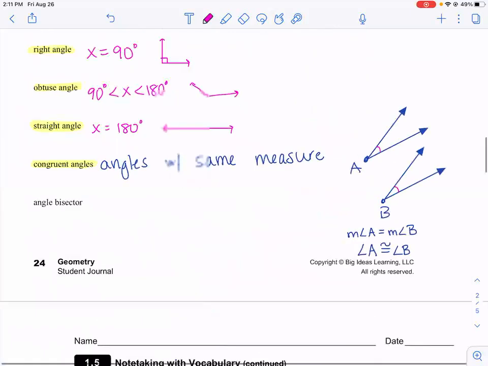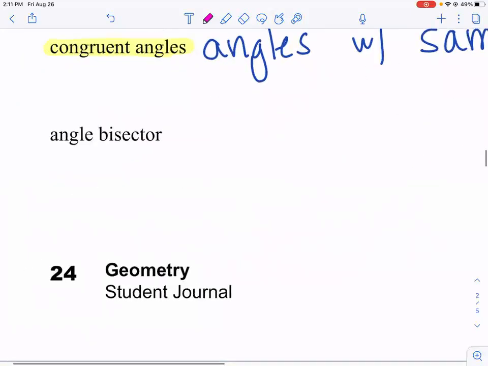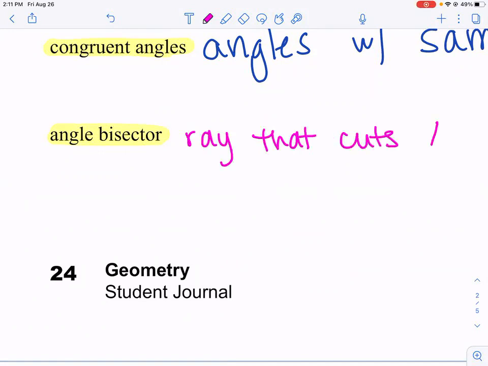Okay, bisect. We talked about a segment bisector. It cuts the segment into 2 equal parts. An angle bisector is a ray that cuts our angle into 2 equal parts.